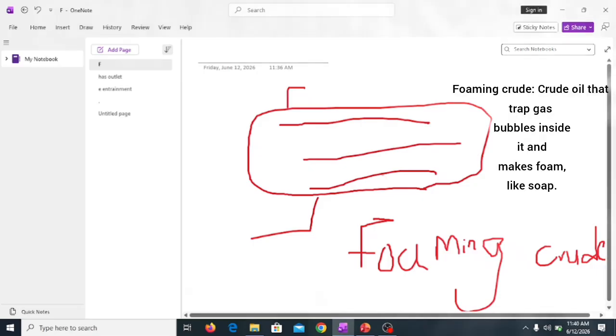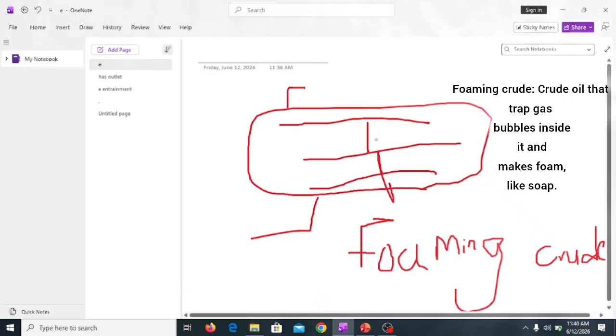So if this water mixes with this crude oil, it will cause a foam. Or we can say when this crude oil traps gas, it will cause a foam. The oil will be foamy.